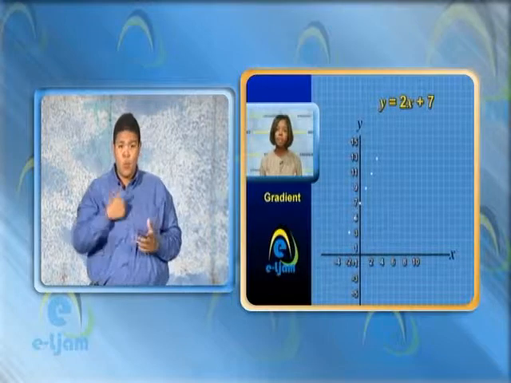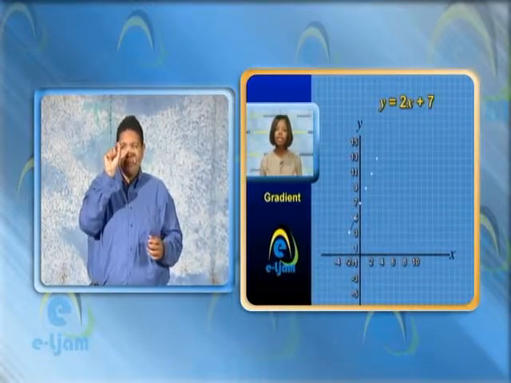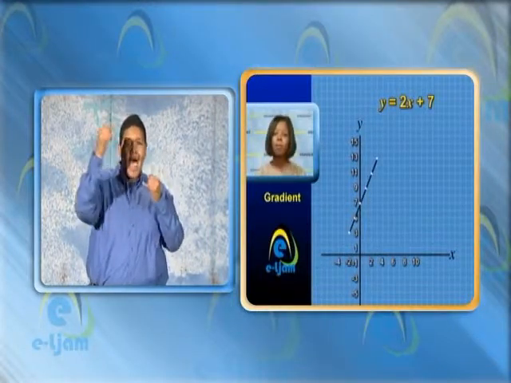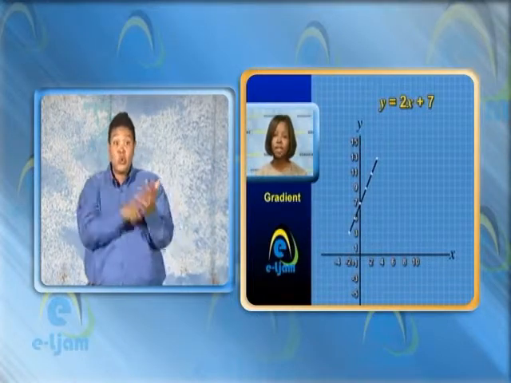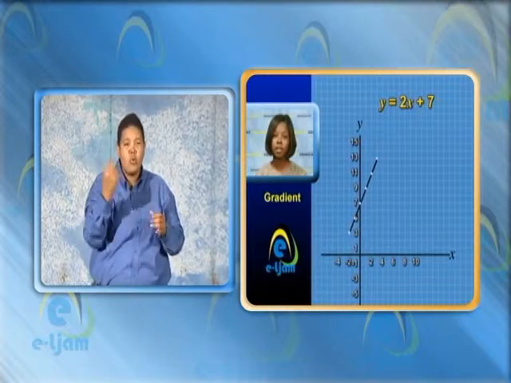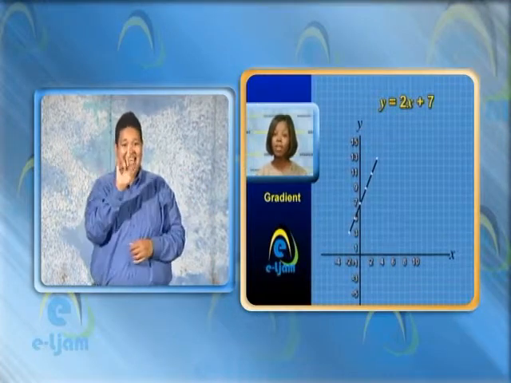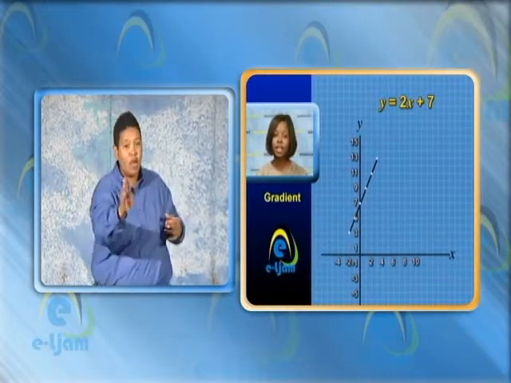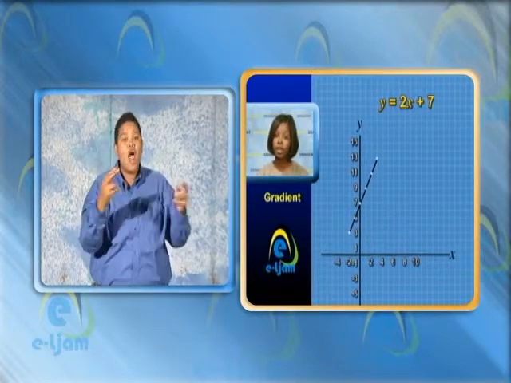We then plot these points on a graph and draw a straight line through them. Please note that once the equation is linear, the coordinates will always lie in a straight line. Or to say this another way, once the coordinates lie in a straight line, we have a linear equation.